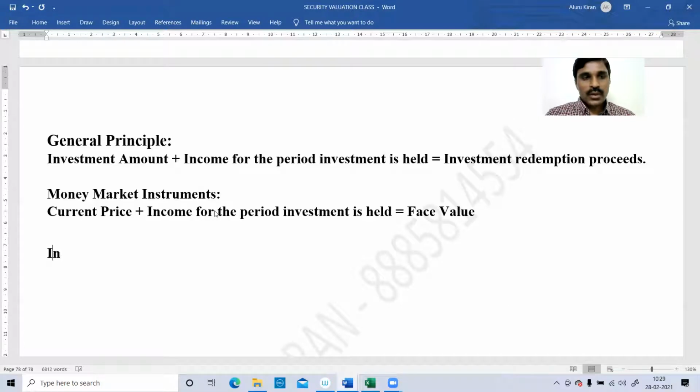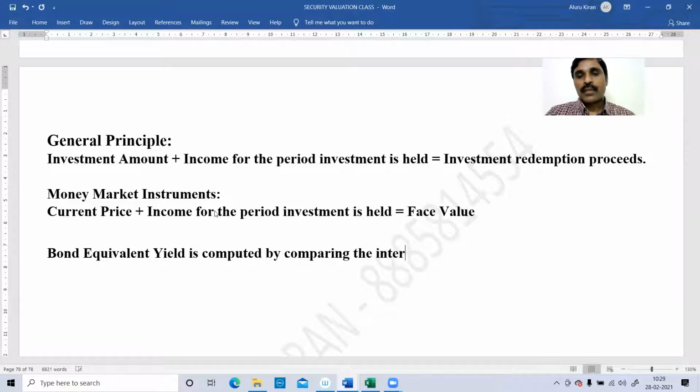So bond equivalent yield is computed by comparing the interest income with the price.